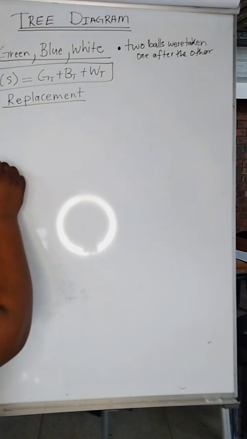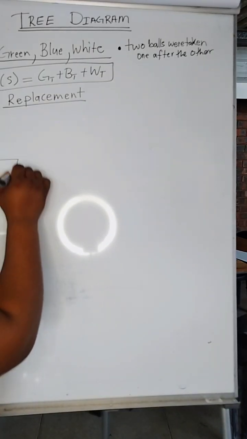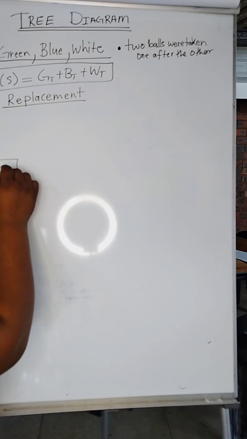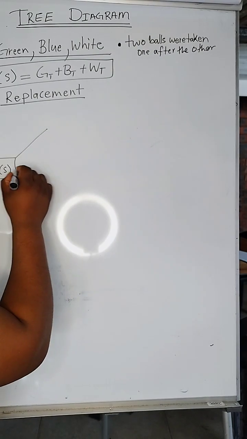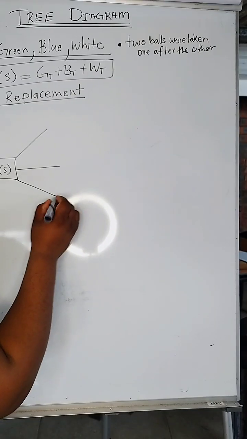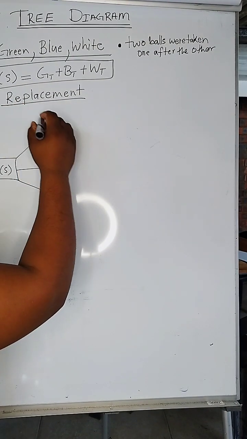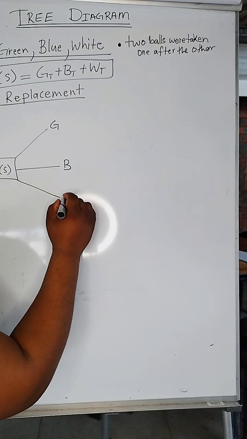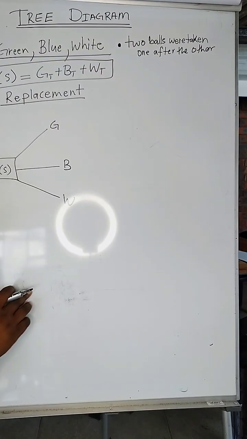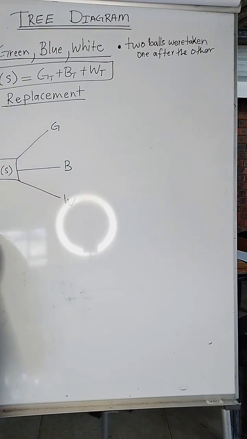Number one, this is what I'll always say. Here we have n of s, which is our total sample space. We go for option 1, option 2, and option 3. Option 1, let's say it is green, then blue, and then white. How many of the greens do I have?